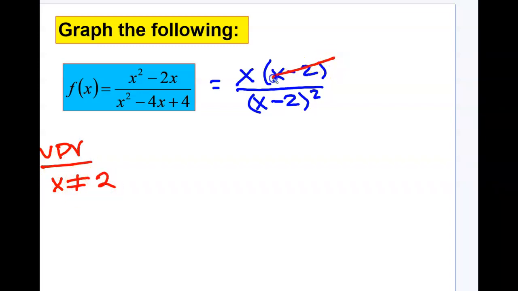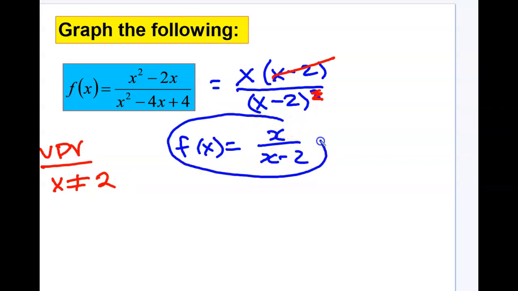Now if I simplify, this factor is going to cancel out one of those, and I'm still going to be left with a rational function x over x minus 2. And because 2 makes the bottom 0 and not the top, in what's left right here, I have a vertical asymptote at x equals 2. So because the factor x minus 2 from the original question didn't completely cancel out of the denominator, the value x equals 2 is going to be a vertical asymptote.